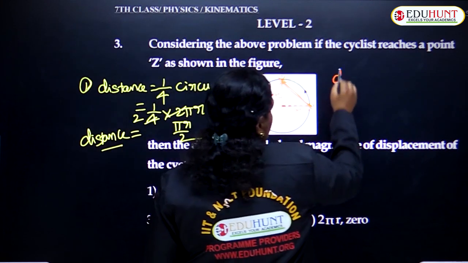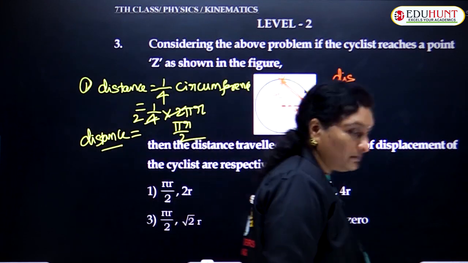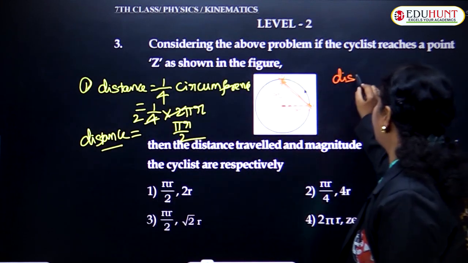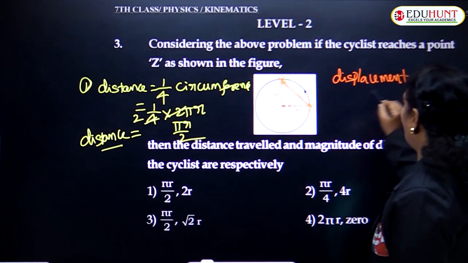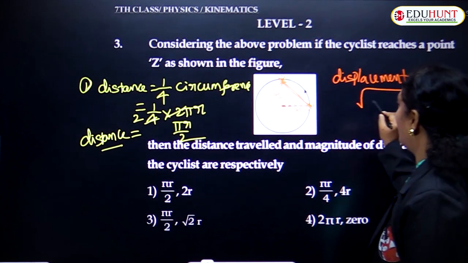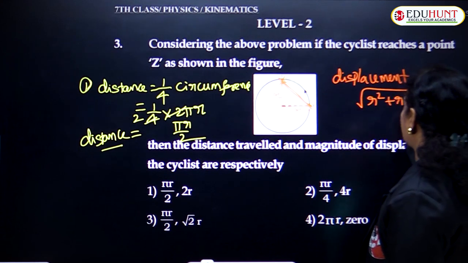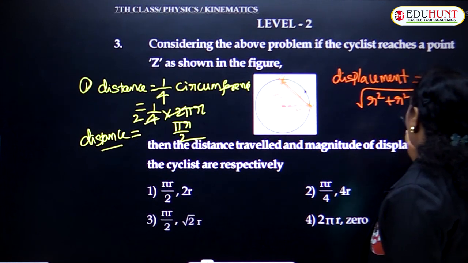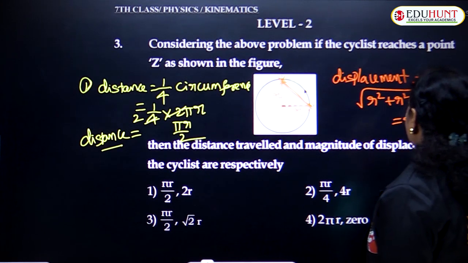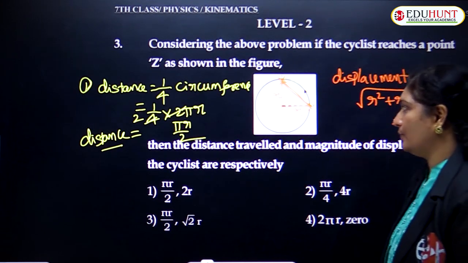The value of displacement would be, what is that, children? Root over r square plus r square. How much is that? Root over 2r square. R square under root is r. So the answer would be r root 2.